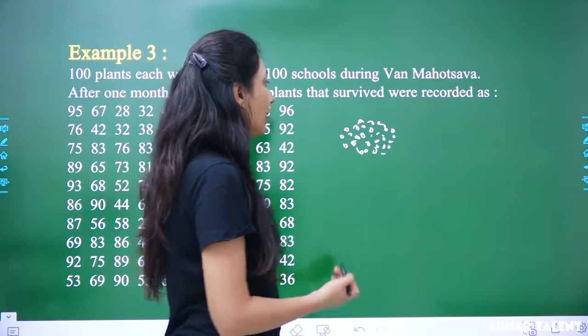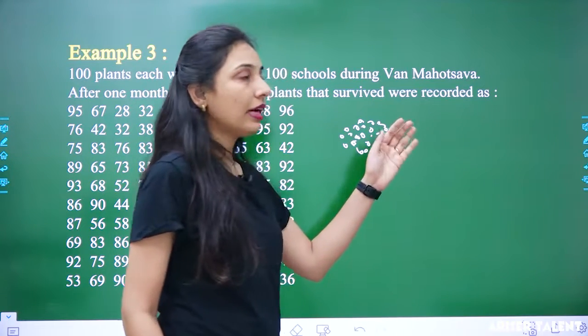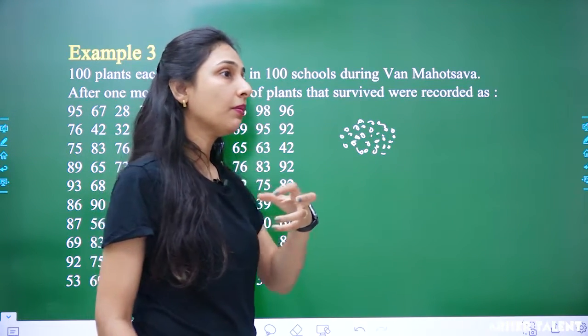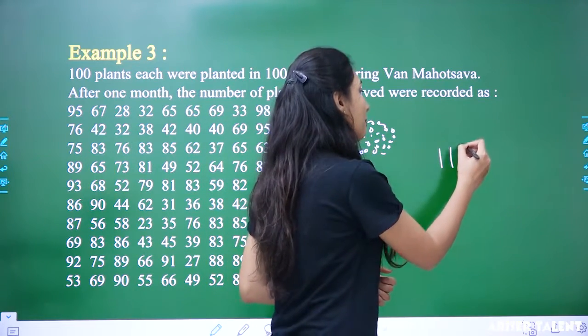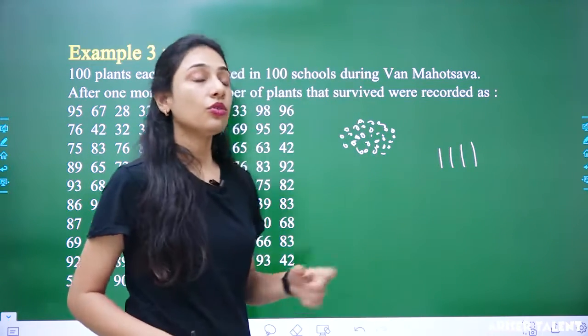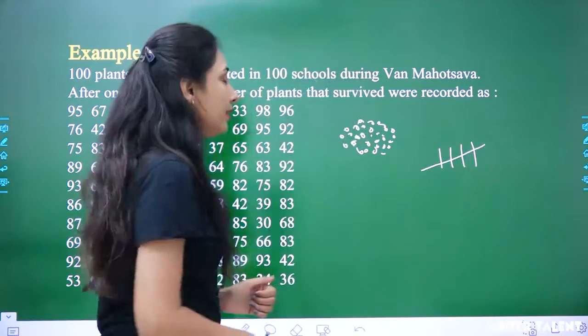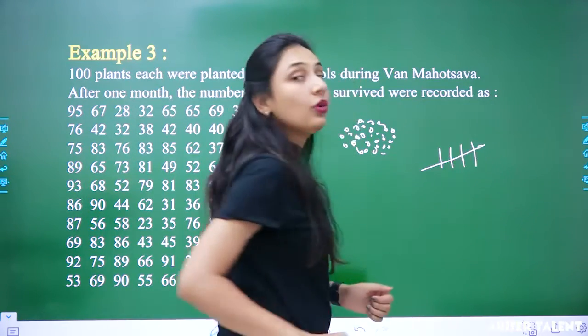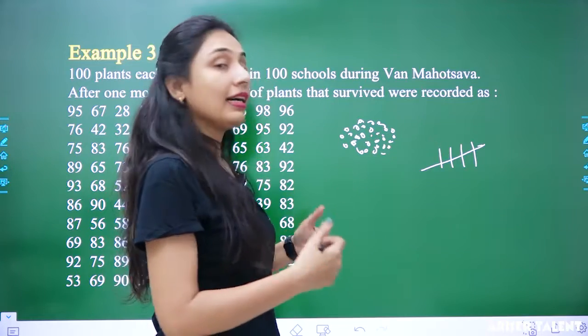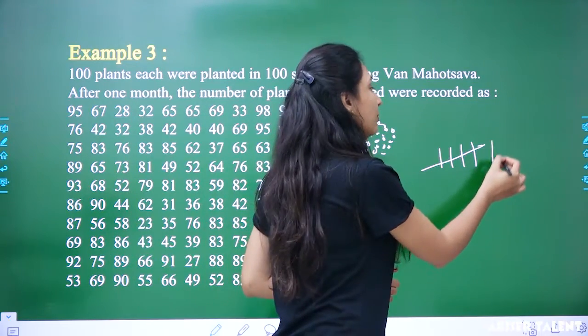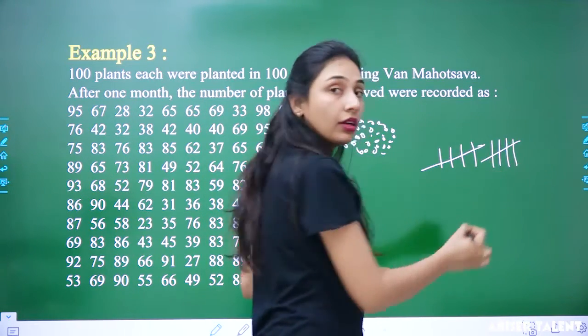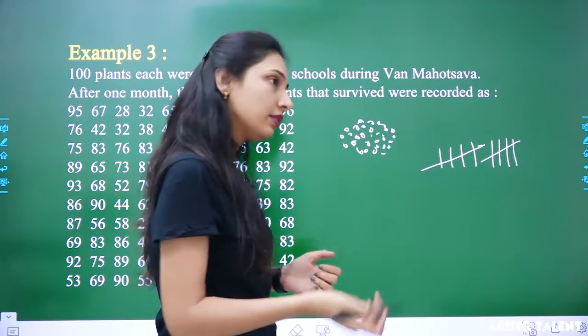So what I'm doing is marking a line for each pebble, and whenever the fourth comes, I'm going to cut these 4 lines. Now I'll again start counting, like 1, 2, 3, 4, 5. Now what is making the difference?